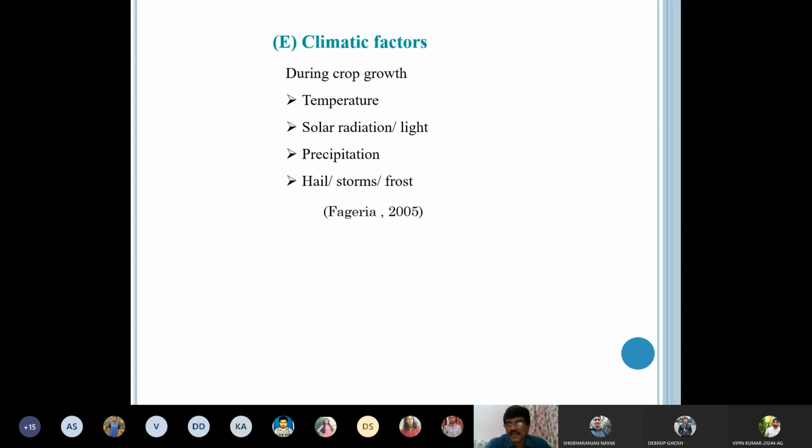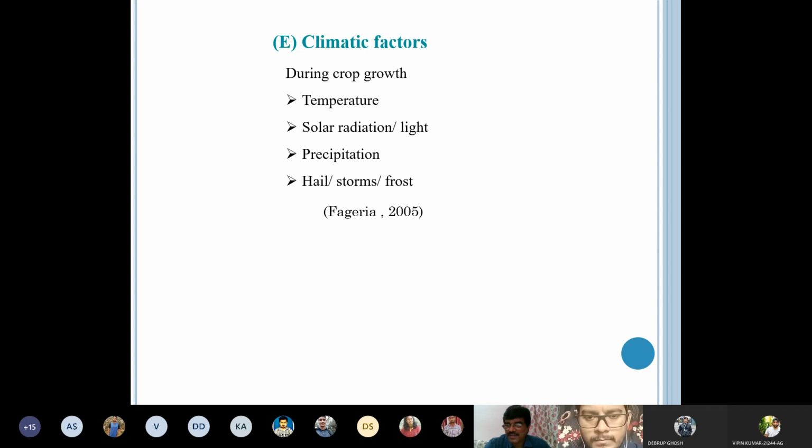Now, climatic factors, I think I need not go into detail, because you understand how these climatic factors will affect plant growth and yield. We have discussed in much detail the role of temperature in biomass, growth, and yield. Similarly, all these factors are also associated with the nutrient supply. Also, the outcome of nutrient supply will be the yield or your biomass.